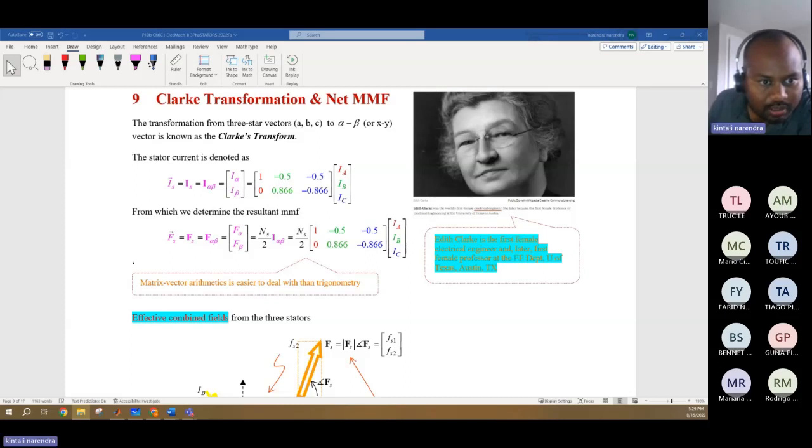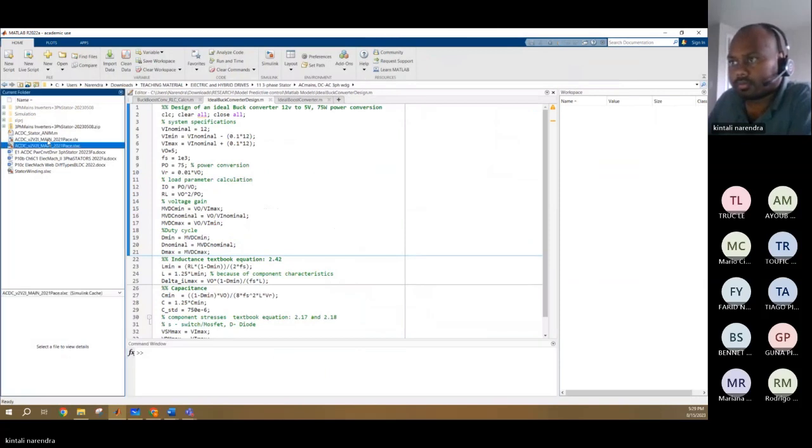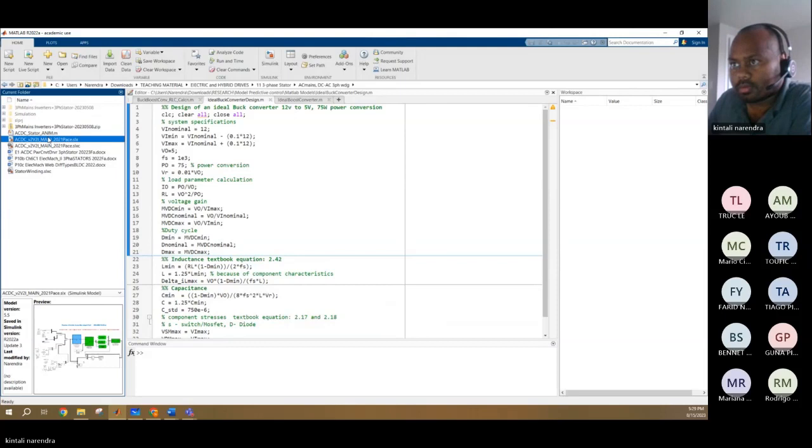AC main, stator winding. Three-phase stator. Oh God, we are going back.